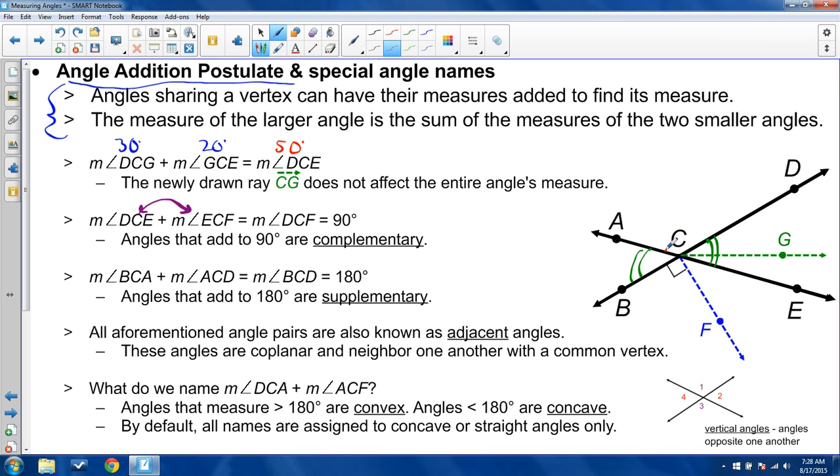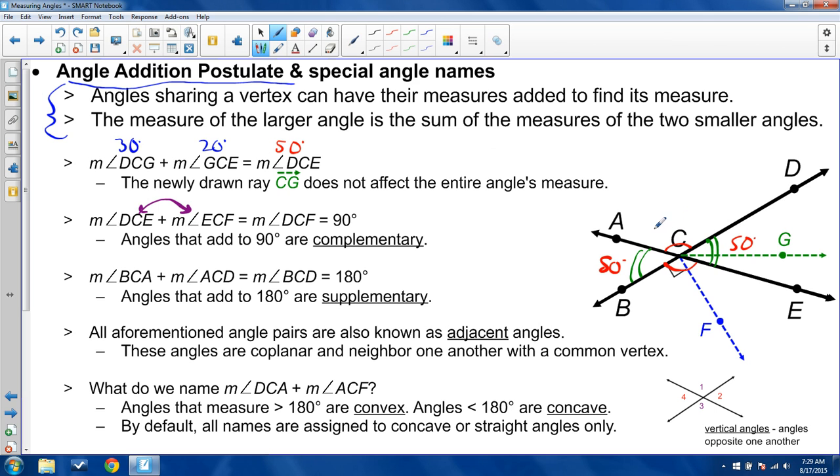Just like right here, angle ACD with angle BCE, these are also vertical angles opposite one another with opposite rays. They are also congruent to each other. So if this one was 50 degrees, then this one's also 50 degrees. If this one right here, this is just some practice for you, how much would this one be?